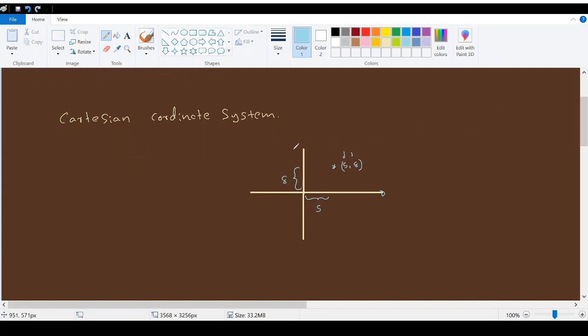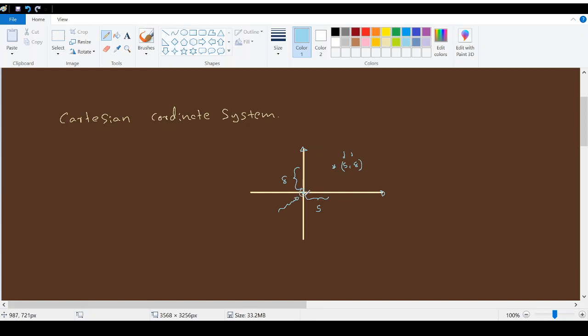Now here in this Cartesian system, there is an important thing that you have to understand. That is about the positioning of the origin.